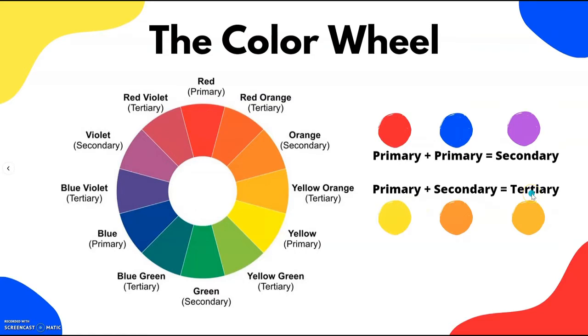For example, we have yellow plus orange equals yellow-orange. And if you notice from the titles of each of the tertiary colors, you say the primary color first, and then you say the secondary color. So you'll say blue and then violet. In another example, we say red first and then you say violet.